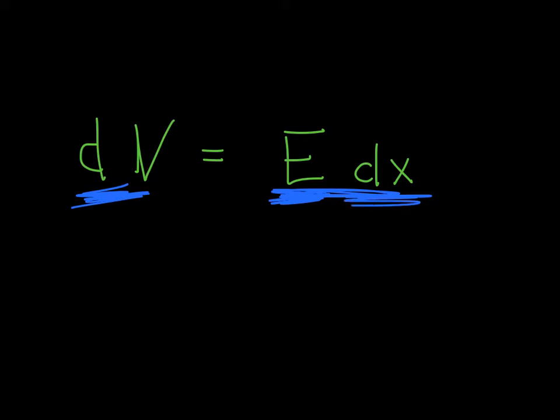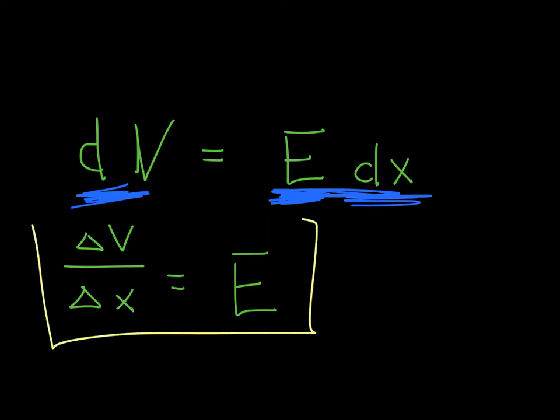So if you were solving for E at any point in this lab, you would get change in V over change in x. And this is what you are trying to calculate in this lab. So how does the potential, in this case energy per charge, change with distance, which is another way of looking at your electric field.